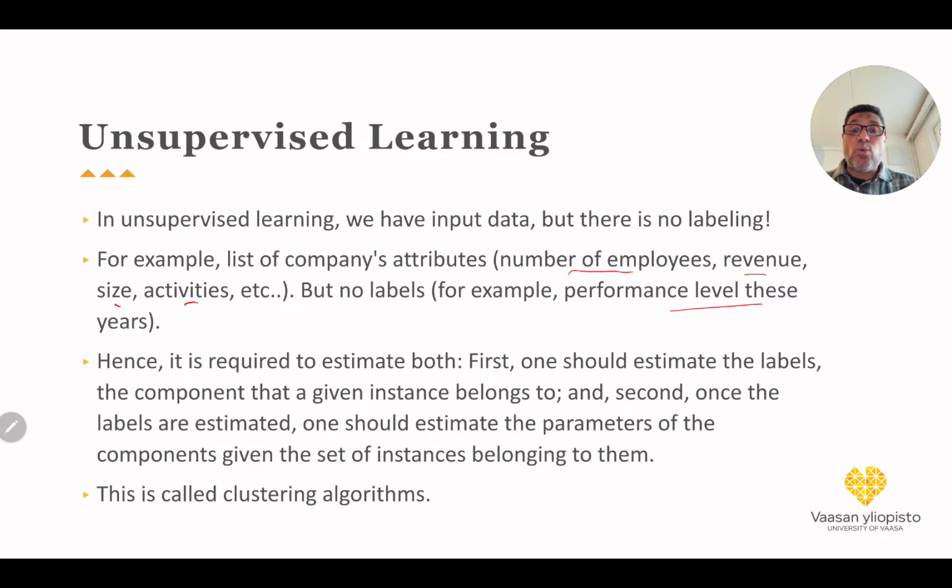Now, what we can do here, one of the techniques, is to cluster this data. Clustering data means that with these attributes and certain kinds of algorithms, the algorithms start to find statistical similarities between the input data. After running this code several times, you may end up with some kind of clustering.